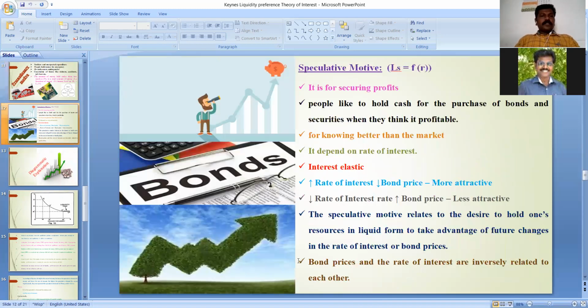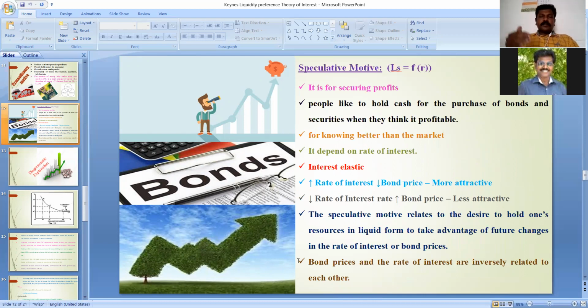Then the third one is the speculative motive. It is for securing profits. People like to hold cash for the purchase of bonds and securities when they think it is profitable, or when they know better than the market. It depends on the rate of interest, interest elastic. When the rate of interest is high, the bond price will be low, and it is more attractive.